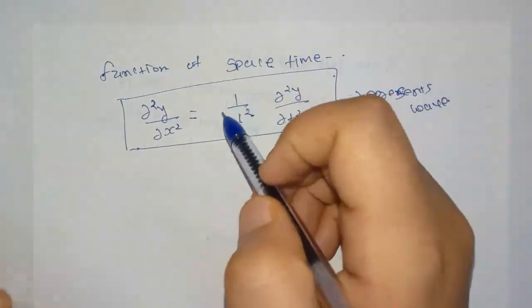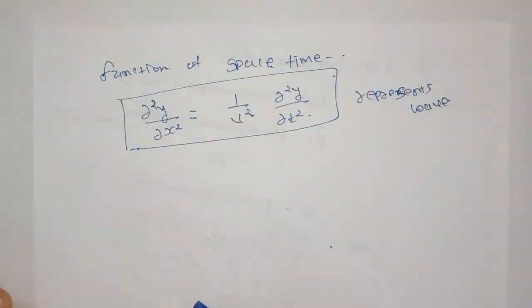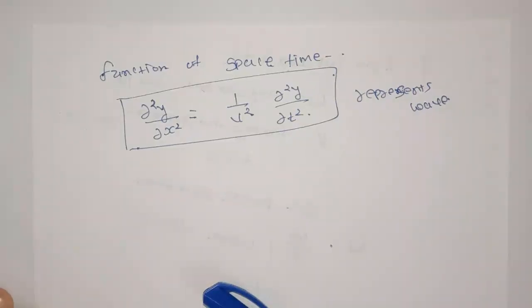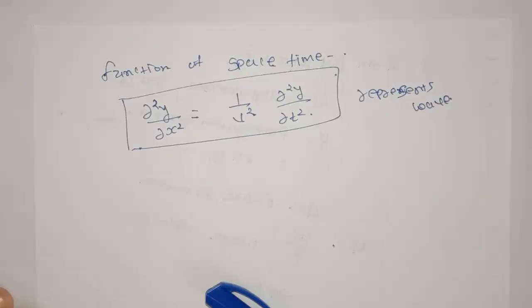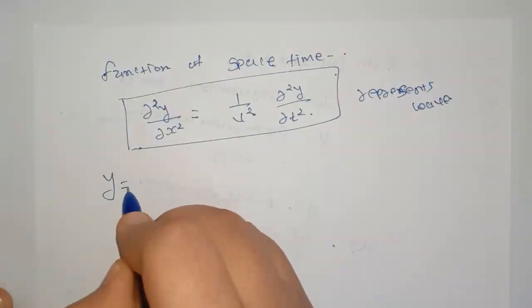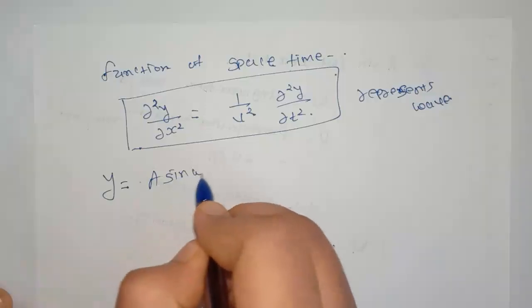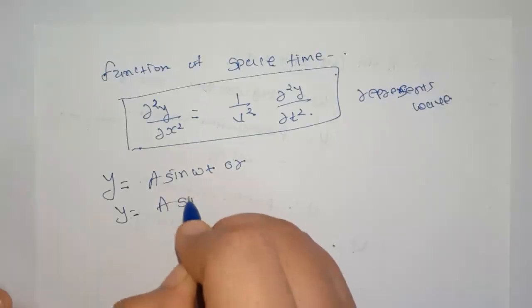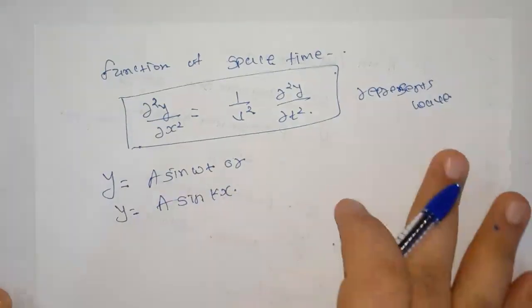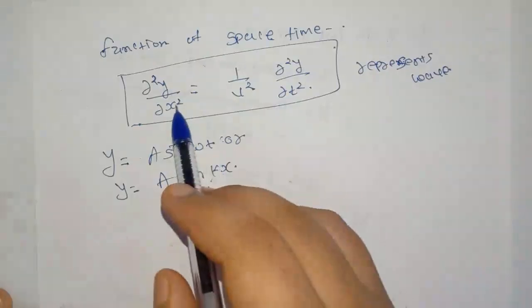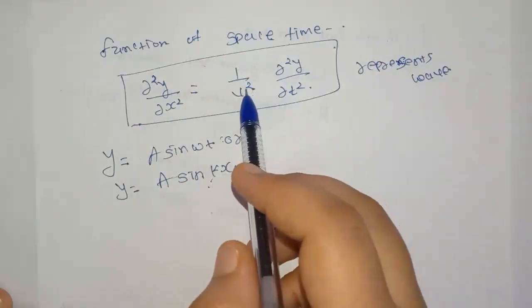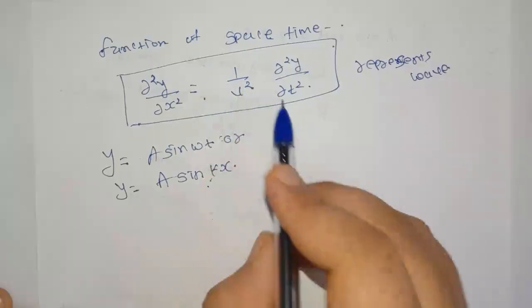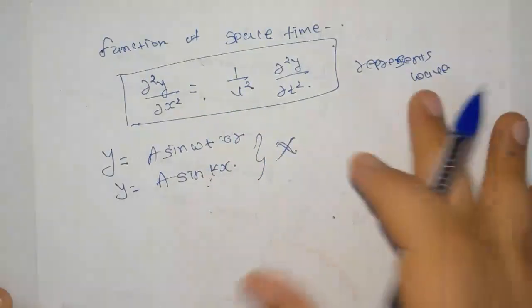Here y is the wave function and it is not the displacement. If we see y equals a sine omega t or y equals a sine kx, they individually do not satisfy this equation, so they do not represent a wave.